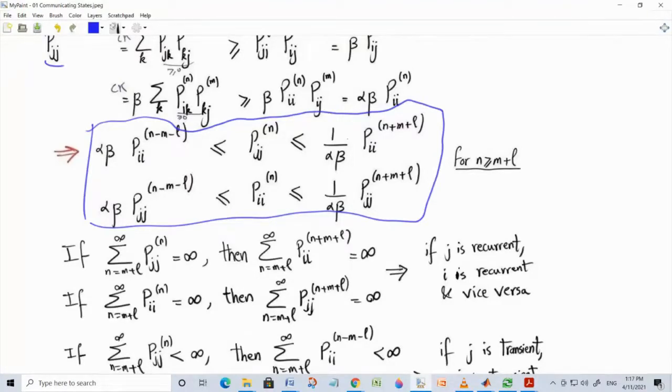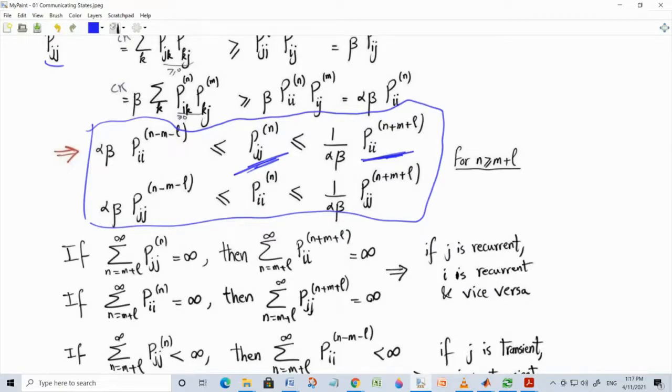For example, if the sum over n of P_jj(n) is infinity, this summation will be a lower bound on the sum of P_ii(n), and so that will be infinity too.